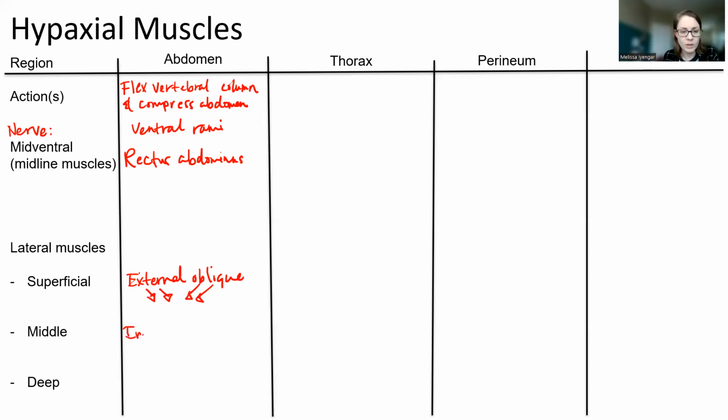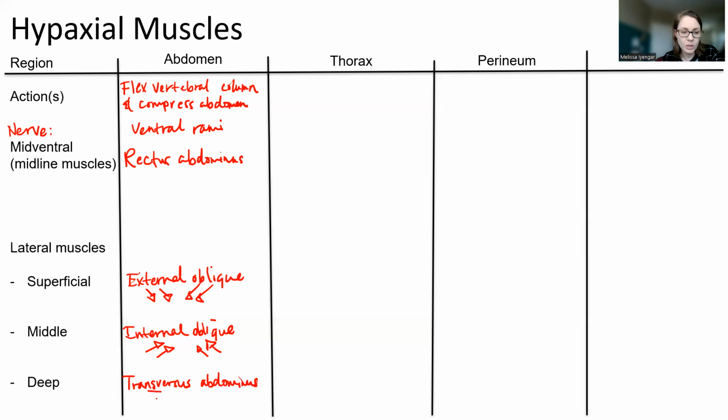The middle layer is called internal oblique. The internal oblique has a set of fascicles that run upward at an angle, attaching to the ilium and then swiveling upwards towards the sternum. The deepest layer is called transversus abdominis.